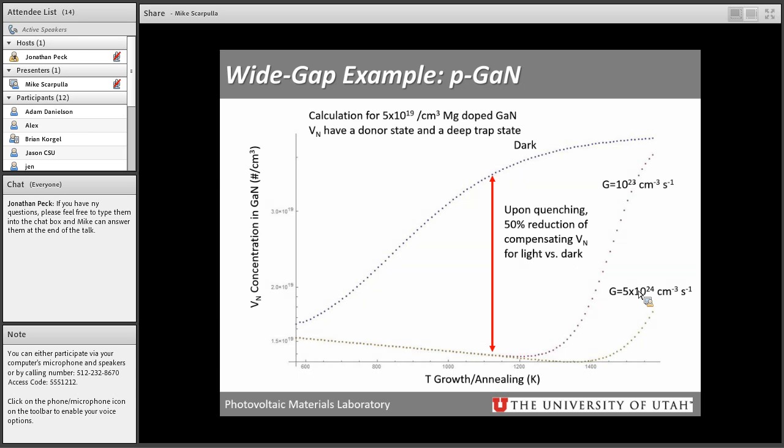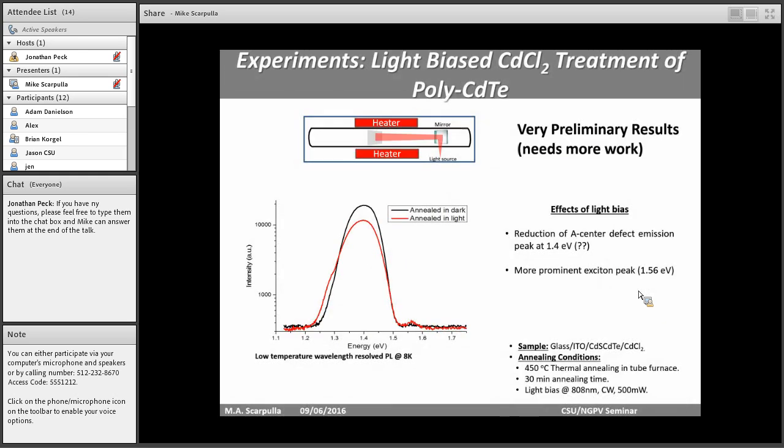harmful defects during processing. So we went on to try to show something like this experimentally, even though we hadn't done all the calculations for CdTe. We used CdTe as an example here, and we have some preliminary results, although I will caution that this isn't the grand slam yet. We do have to do some more legwork in terms of repeatability and spatial uniformity, etc. But the idea was we had a tube furnace.